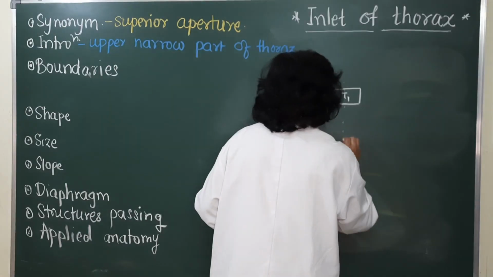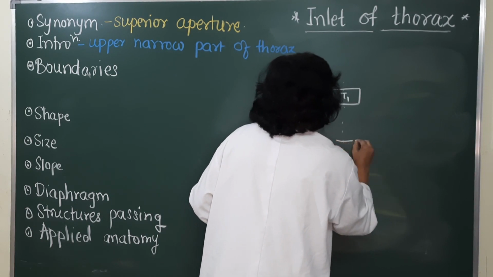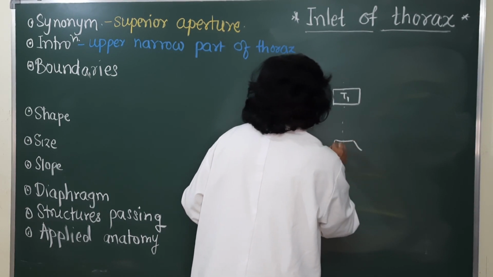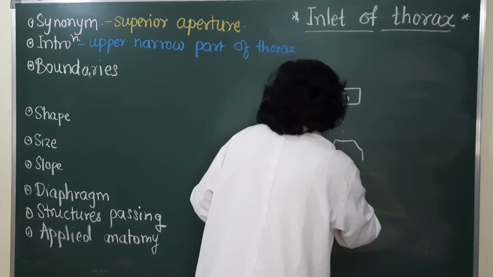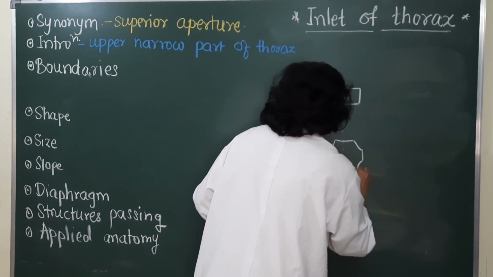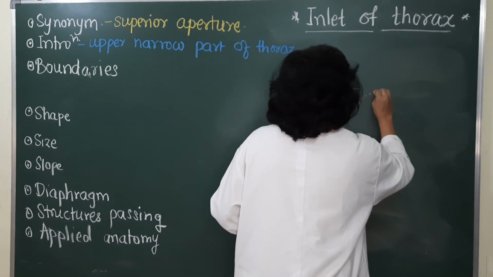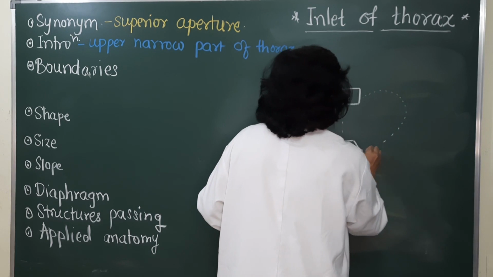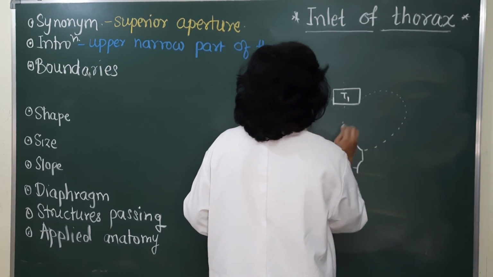Suppose here is the midline. Here anteriorly you can see the manubrium sterni, here the clavicular notch, and this is the notch for the first costal cartilage. If you see the inlet, it will have the outline like this.